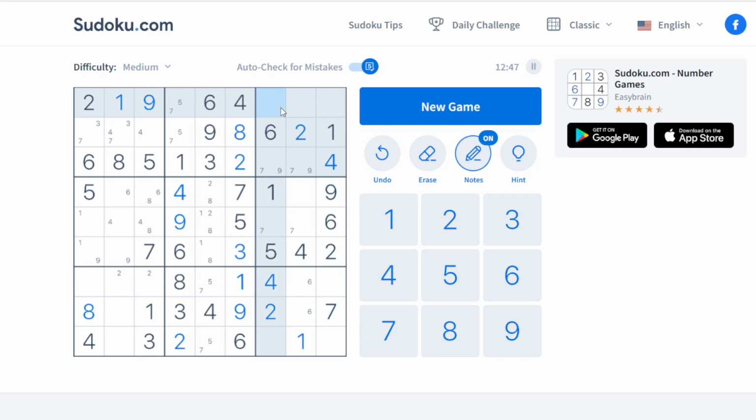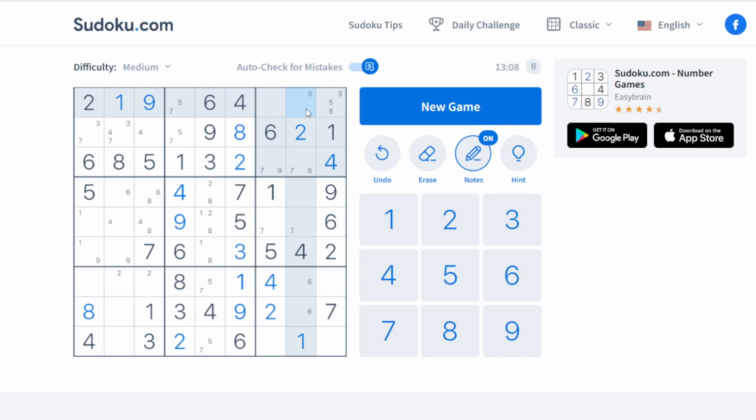We have another 3 right over here, so let's take a look. 1, 2, 3, 4, could be a 5, 6, 7, or it could be an 8.